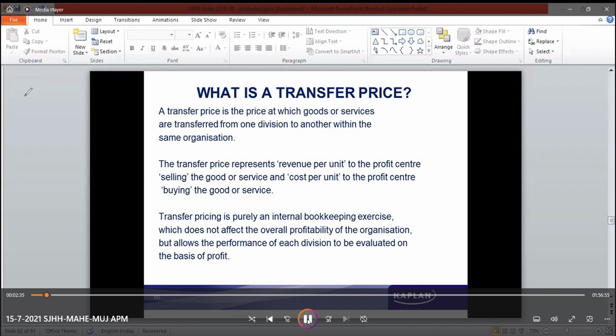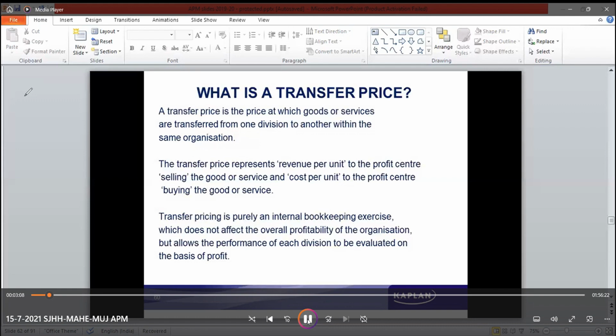There is a kind of competitive environment in the organization, so everybody is focused on achieving the objectives of their particular department or responsibility center. But all these objectives should be in alignment with the corporate objectives of the organization.